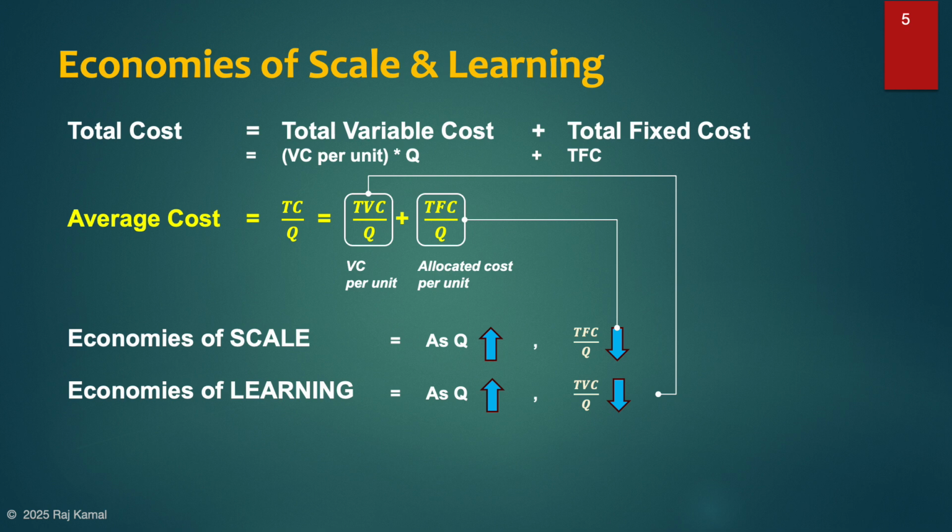That means you are reducing the total effort going into each unit on the variable cost side. So the difference is economies of scale really operate from the total fixed cost side, whereas economies of learning give you benefits from the variable cost reduction, and combined together they give you what is called competitive advantage.